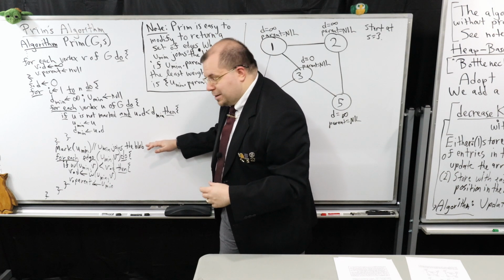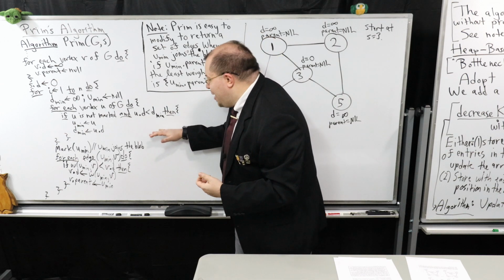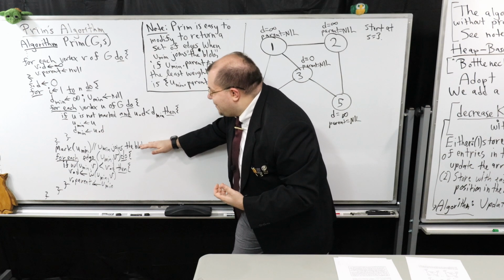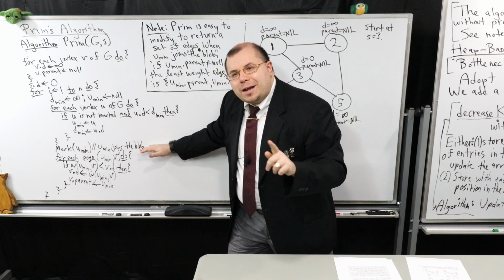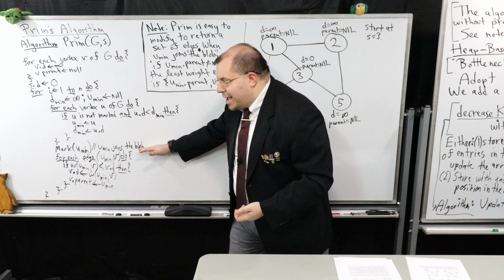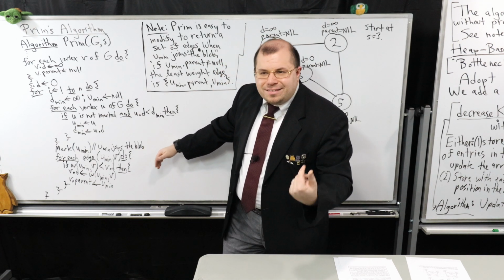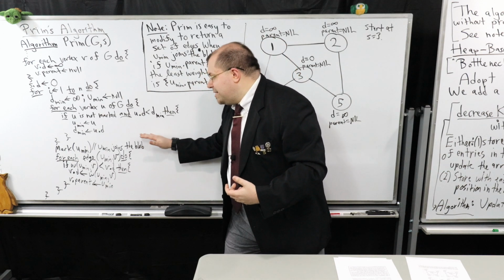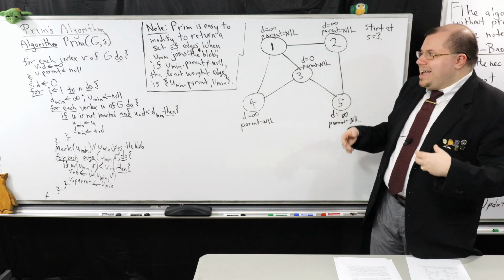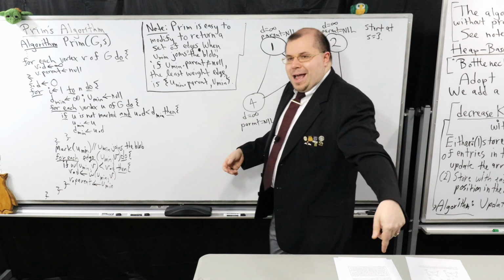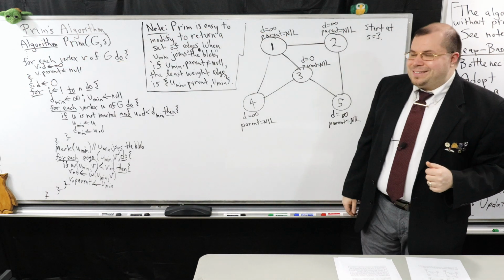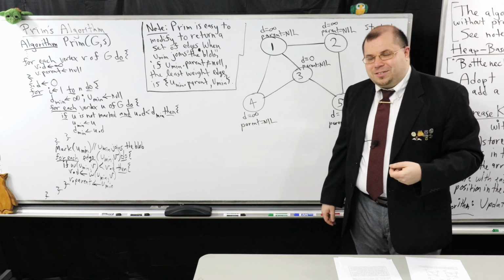When the blob devours U min here, the only part I have to update for my D values and parent values are all of the endpoints of edges that are incident to U min. So that's what this loop here is accomplishing. All I do is explore the graph as I reveal more of the graph through my actions as the blob. I'll update those D and parent values appropriately.